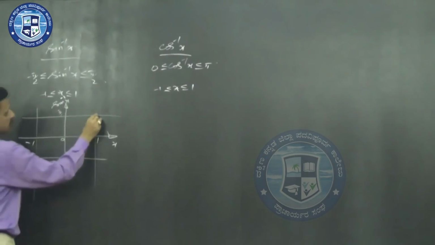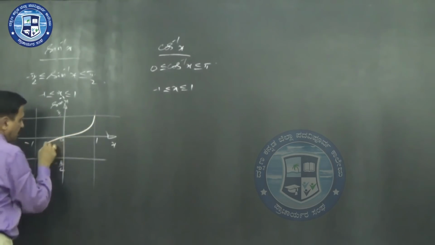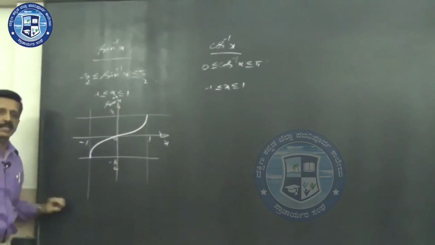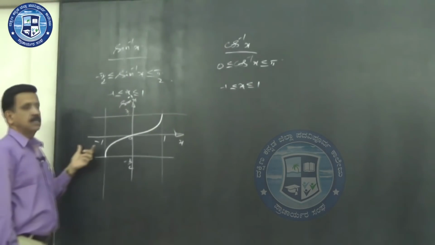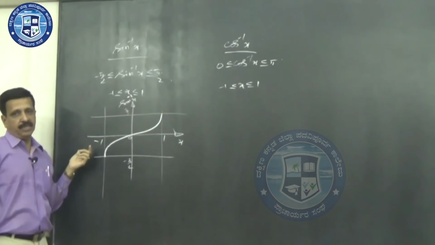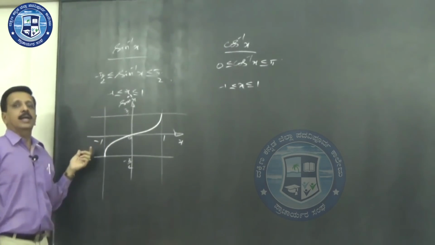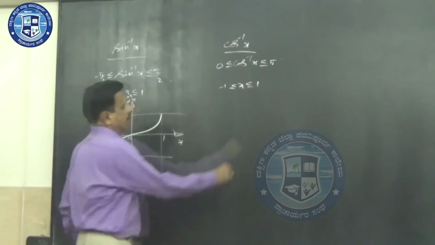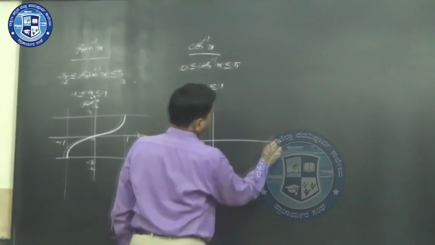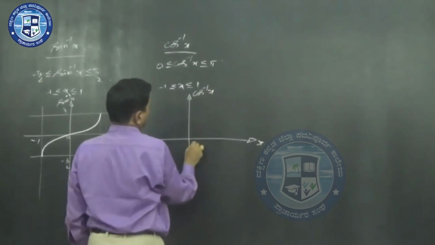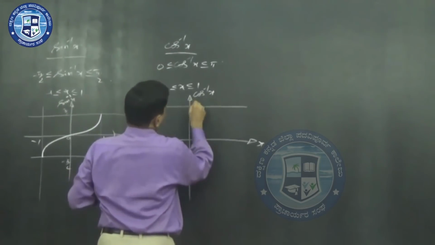And the graph was like this, you may recall, and I said the tangent at this point must be perpendicular to x-axis. And domain is a closed interval, a set containing all the values of x between minus 1 and plus 1, and range is all the angles between minus pi by 2 to plus pi by 2. And in cos inverse x, this is x, and this is cos inverse x. Cos inverse x lies between 0 to pi.